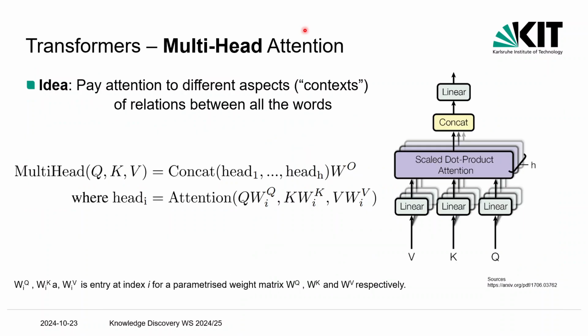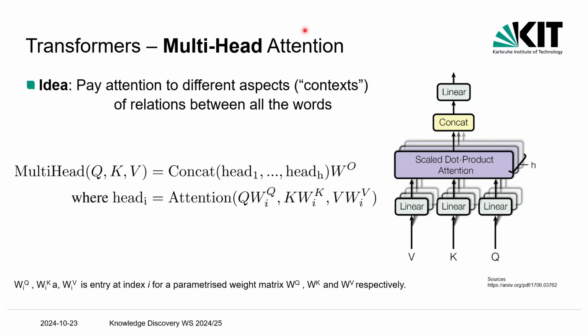The idea of multi-head attention is that you might want to pay attention to different aspects or contexts of relations between all the words. And the way you do it is with a certain amount of heads, where the specific head looks at a specific kind of context or a different kind of aspect.